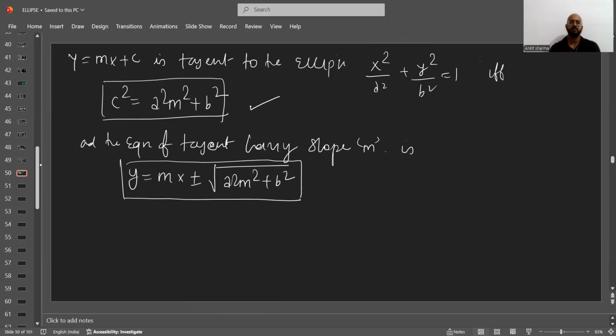So from a point we have to assume the equation of tangent to the ellipse having slope m, because anyway these two tangents are always parallel.